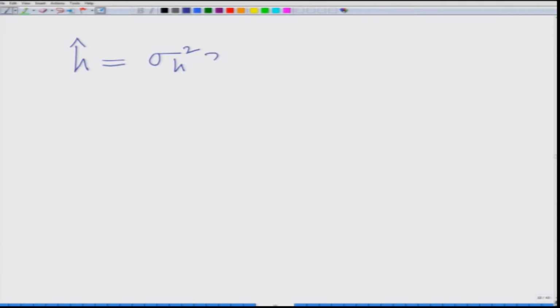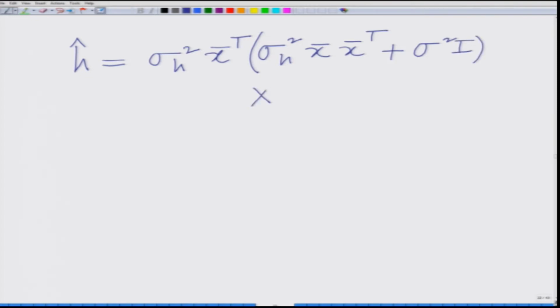times x bar transpose into sigma h square x bar transpose plus sigma square identity times y bar minus x bar h plus x bar mu h, x bar times mu h plus mu h.